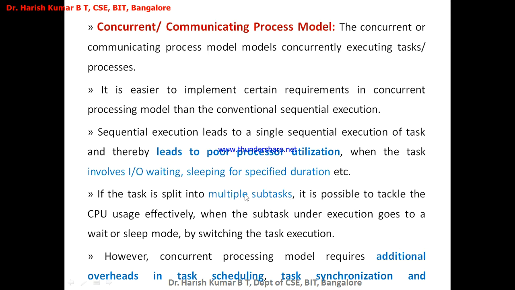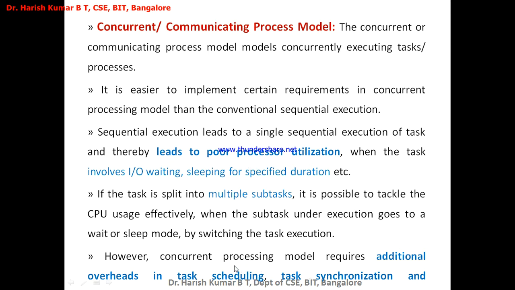After splitting the task into multiple subtasks, the CPU will start executing one subtask at a time, and if that subtask wants to undergo some wait or sleep mode, or some input output operation, the CPU will simply switch to the next subtask and start executing it. So with this you can keep the CPU busy, always, and you can have better processor utilization.